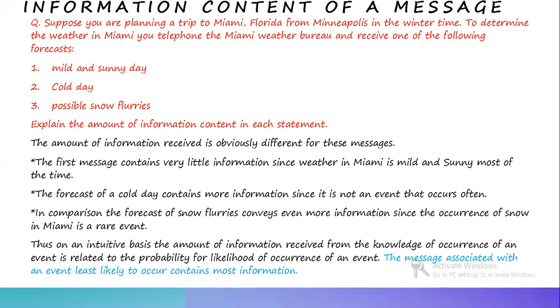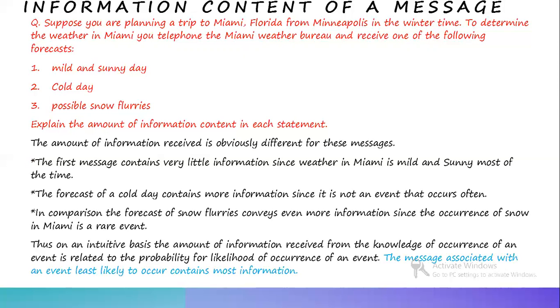From the above examples, we know that snow flurries is a very rare event, so the information we receive is related to the probability of occurrence of that event. Therefore, the message associated with an event least likely to occur contains the most information. This is a scenario for understanding the information content of a message.